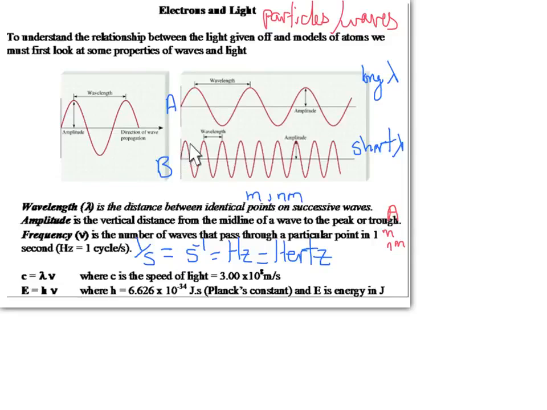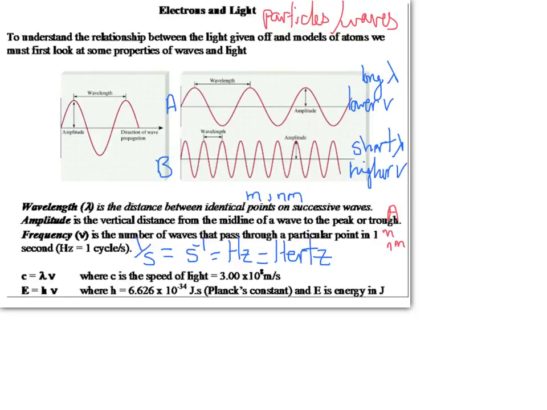However, if you look, this has a lot more waves in the same distance. And so per second, this would have a much higher frequency than this wave. So we can say that wave B has higher frequency, wave A has lower frequency.